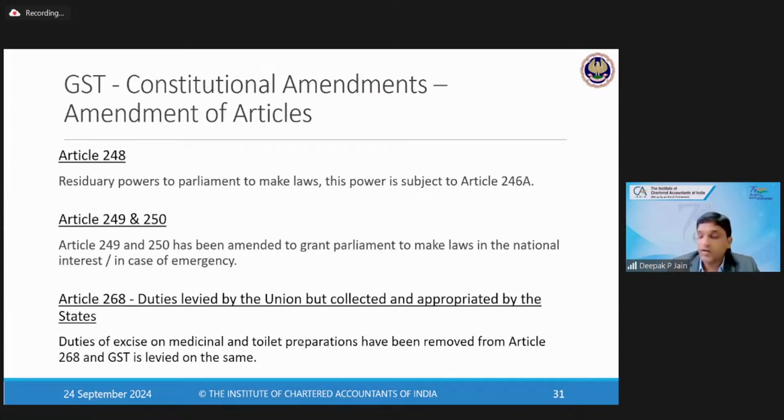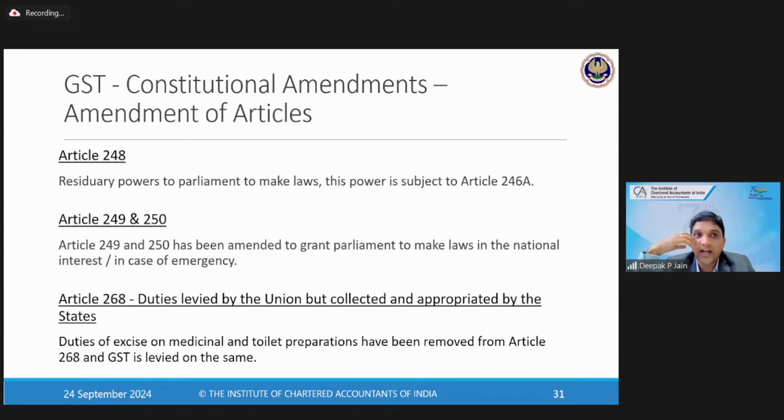Then Article 249 and 250. What does it say? It has also been amended to grant Parliament the power to make laws in the national interest. Suppose कुछ national interest या in case of emergency हो जाती है, तब central government GST law खुद बना सकती है.